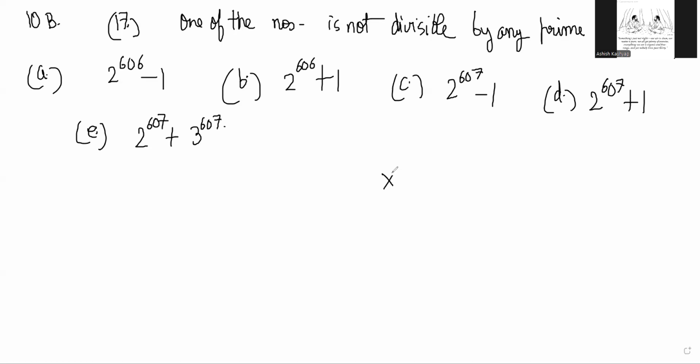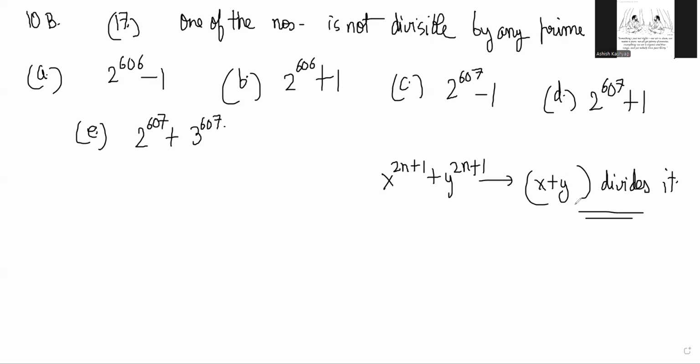So first of all, you should know x to the power 2n plus 1 plus y to the power 2n plus 1 is divisible by x plus y. I have shown you this identity before or told you about it definitely, I remember. If you have odd powers on x and y, it is divisible by x plus y, right? So notice here, these are odd powers, no?